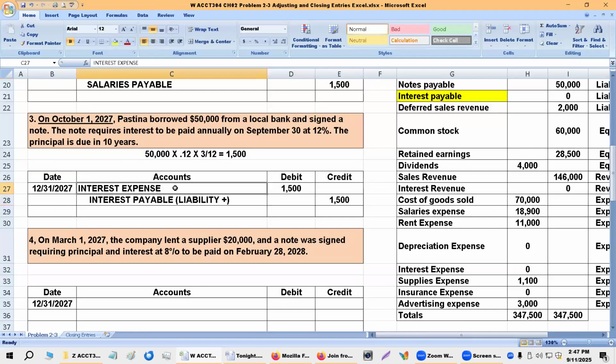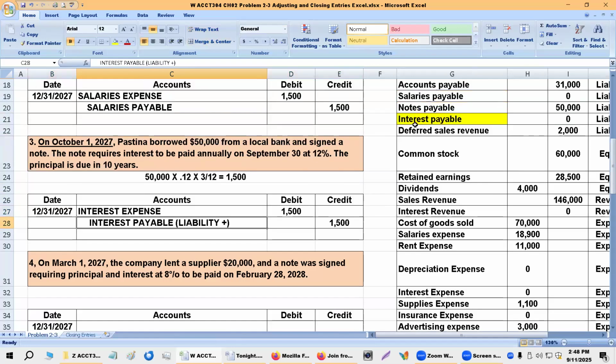Professor, would it be wrong if you put a note payable because they signed a note on October 1st? I'll be honest, it probably won't be that big of a deal. But usually the interest part of it is going to be a short-term liability, whereas the notes payable will probably be a long-term because they're not going to pay it for 10 years.